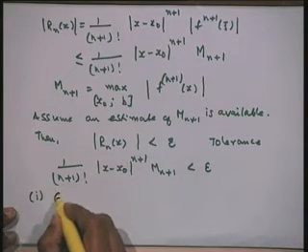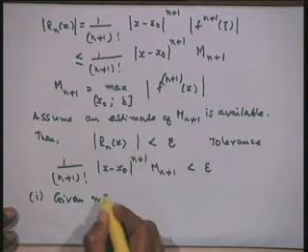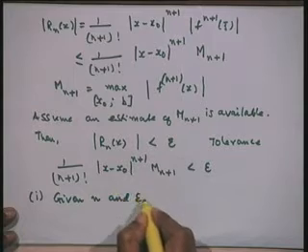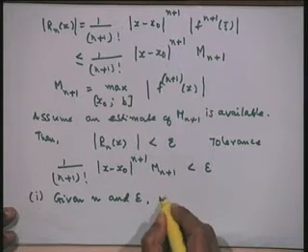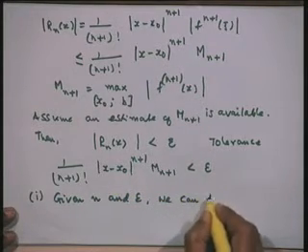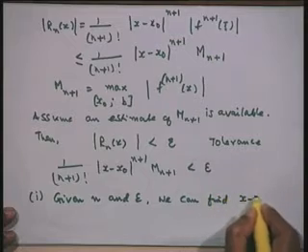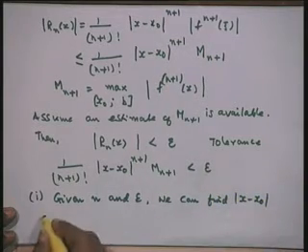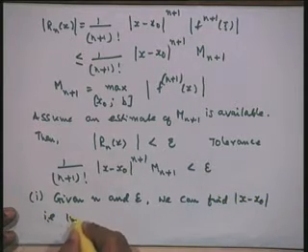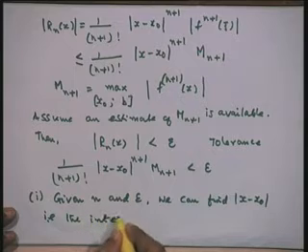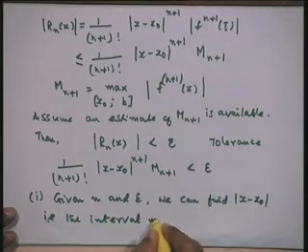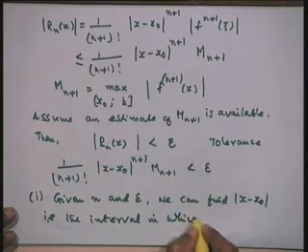Therefore, given n and epsilon, we can find x minus x naught, that is the interval in which the Taylor series holds.